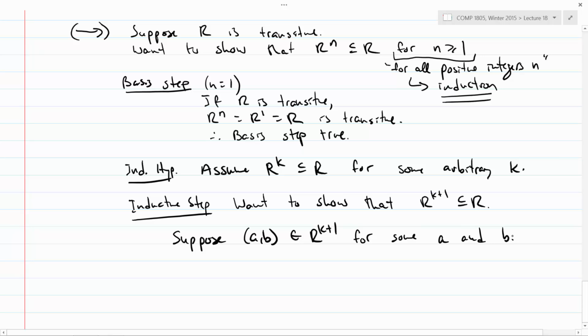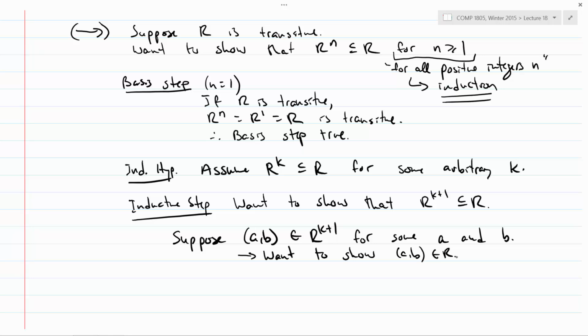They could be anything at all. And my goal is to prove that AB is also in R. That would make me happy because then I would be done. All right, so let's try to do that.